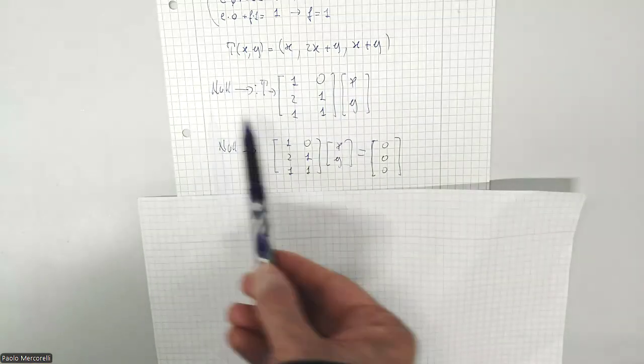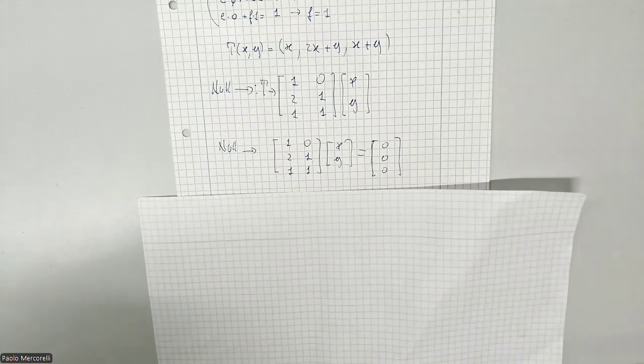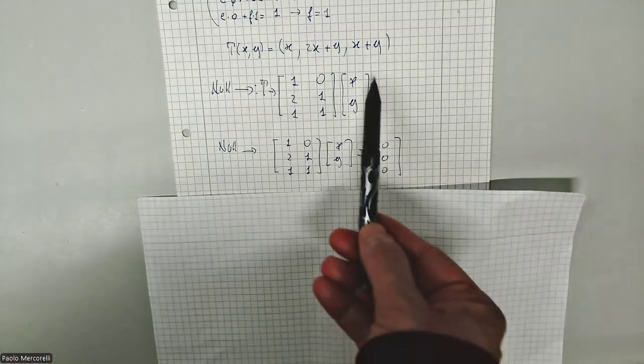Do you remember the matrix form? Row multiply column. I told you, row multiply column can be written in this form.